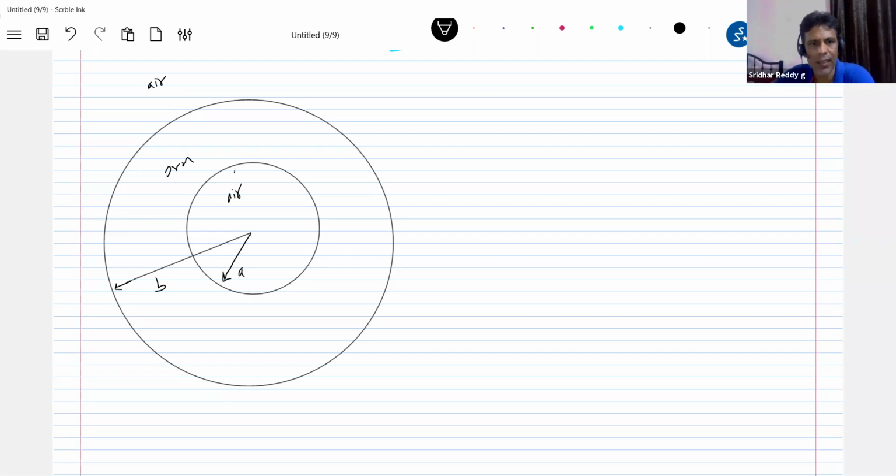I'll connect a cell between the inner and outer surfaces. So I want the resistance, and then we'll compare all other parameters. Here you can assume it like this. This is a cell.